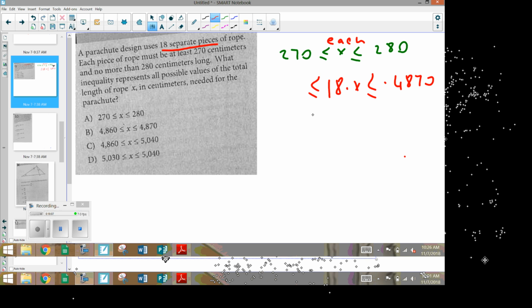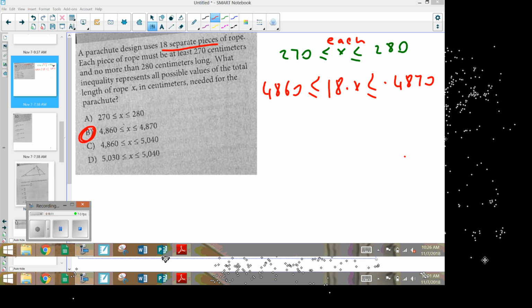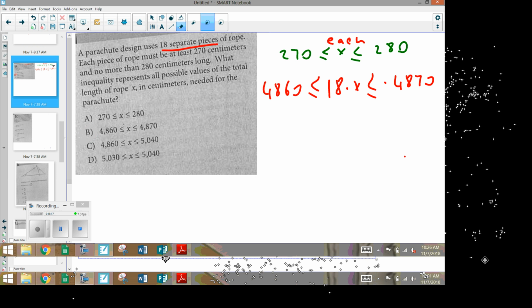When I multiply this one by 18, you put exactly the same, so when we multiply by 18, it's going to be this. It's C. Yes, we just need to multiply by 18. C is the right answer.